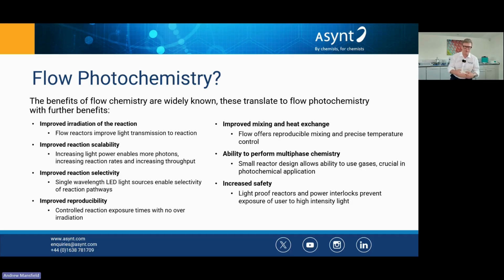That can be really tricky, but flow reactors are typically smaller volumes and easy to pressurize. That gives us access to photochemical applications like photooxygenations, for example, where we can add our reactive gases and irradiate them with our light source at the same time. And then safety comes into the whole question as well.